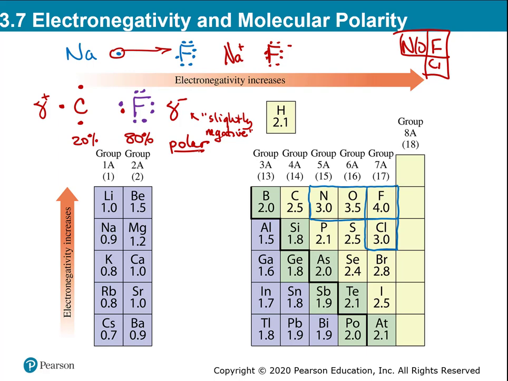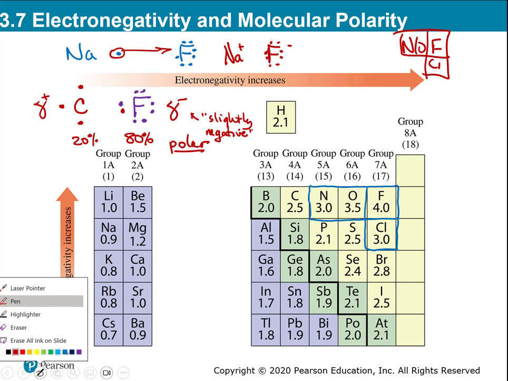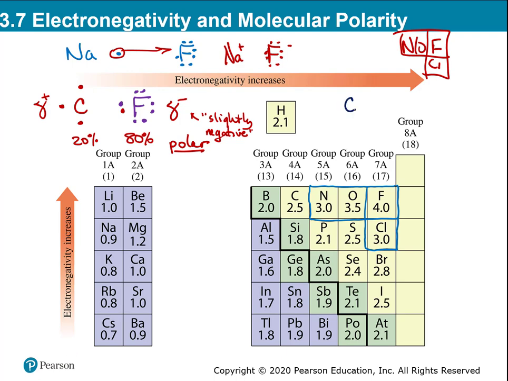But now look at carbon and hydrogen. In comparison to these two, if I have carbon and hydrogen, I said carbon has its 4 valence electrons, and its electronegativity is 2.5. Well, look at hydrogen. Hydrogen is 2.1. They're very close. So their electronegativities are much more even. So that means that any shared electrons are going to end up being right in between.